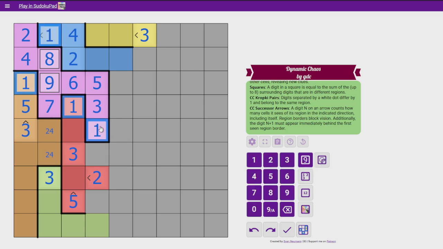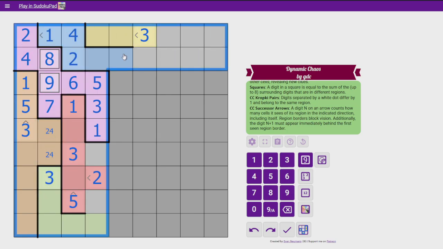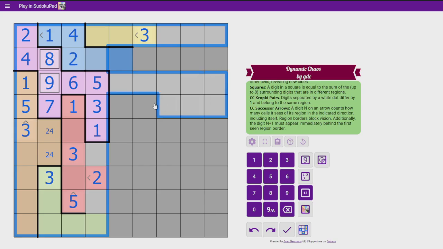Can I look at the ones really quick? Okay, so ones right now take up this entire, like, top right of the grid. Not that, actually. They take up a good amount of the top right of the grid.